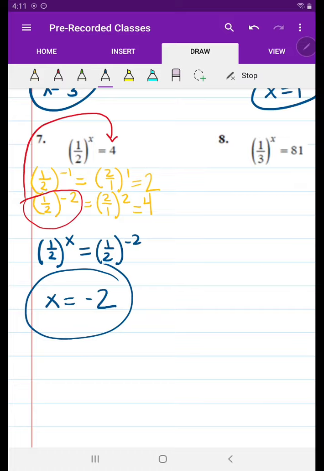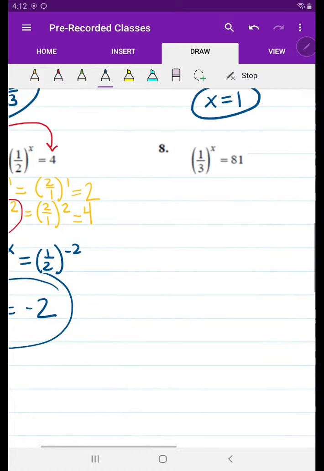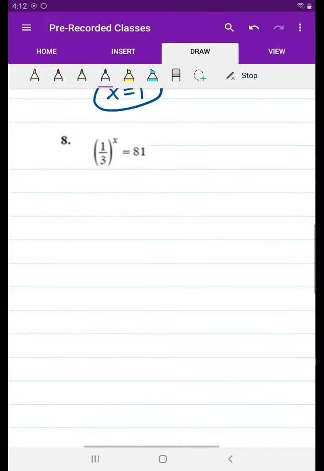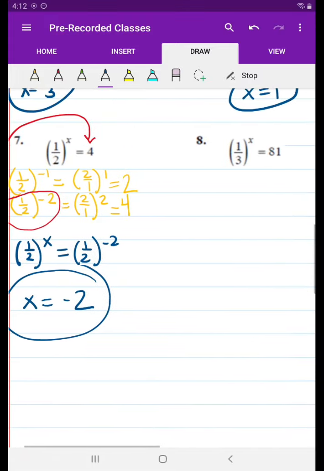So going on to number 8, we can work through this the same way. So if we recall, if we have 1/3 to the -1, well, if we were to flip that, that would be the same thing as 3 over 1 to the positive 1, which is just 3.